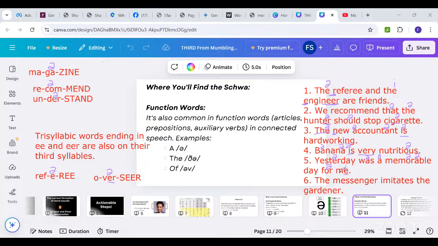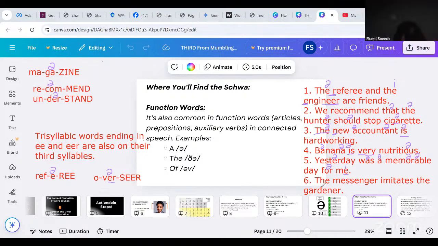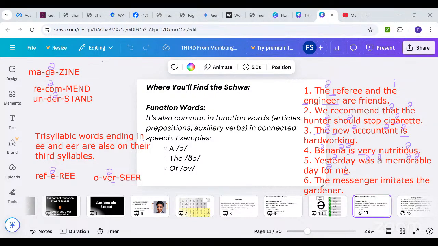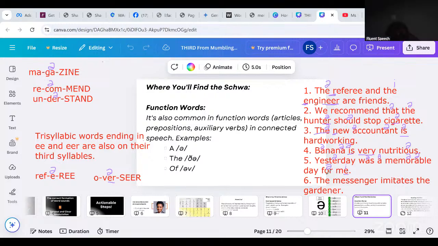Okay. So please read the number 5 sentence. Yesterday was a memorable day for me. Very well. Madam Maleshala, number 6, please identify the function words. "The". Okay.